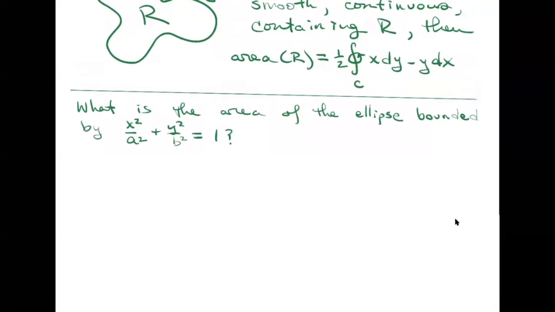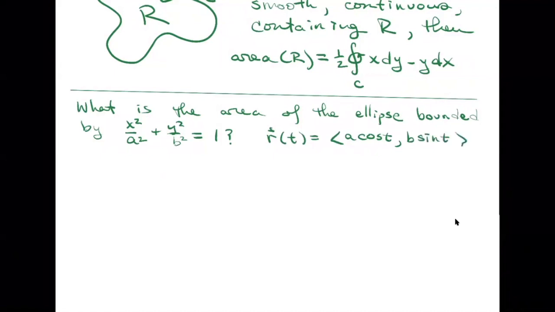Okay, first of all, you need to parameterize the ellipse. So you may remember I've told you the parameterization for an ellipse, r of t, is a cos t and b sine t.